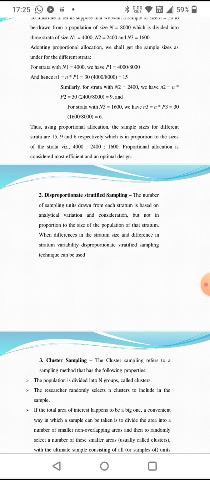When there are differences in stratum size and differences in stratum variability, the disproportionate stratified sampling technique can be used. So when different sizes of strata are being used and the variables vary in different proportions, then we can use this method.